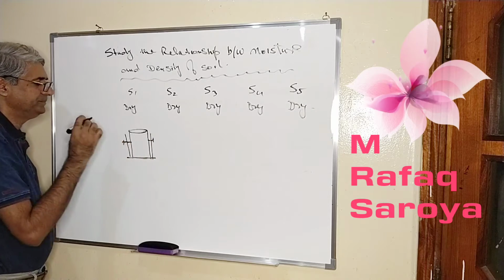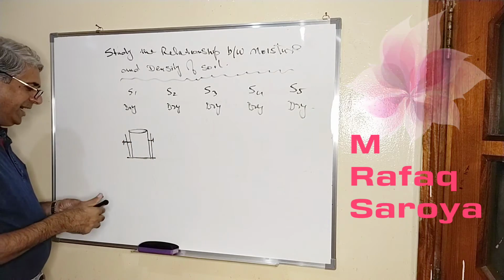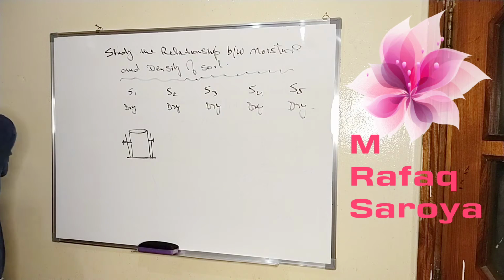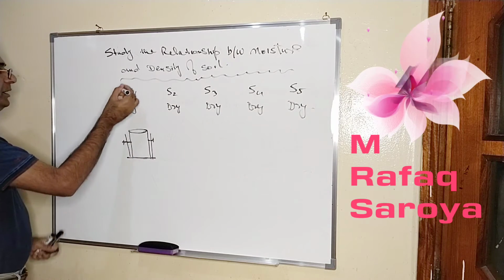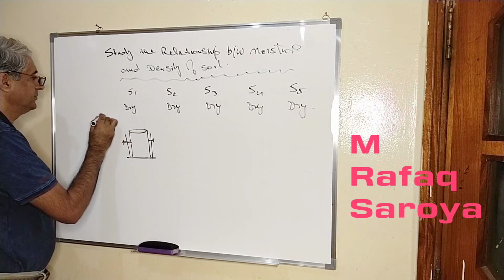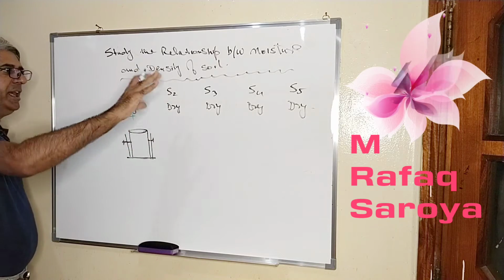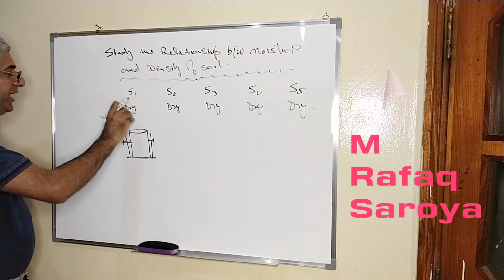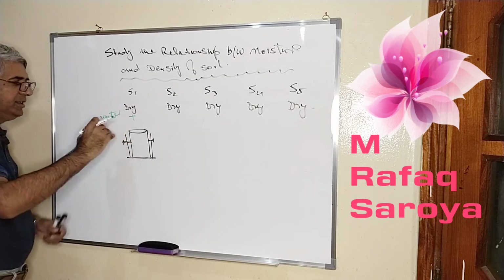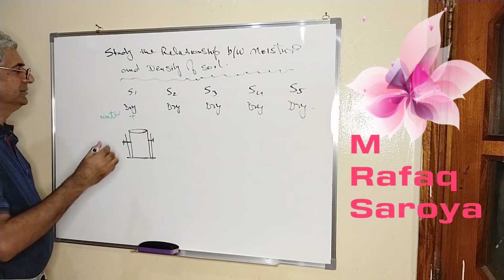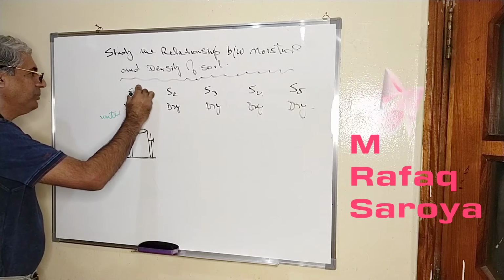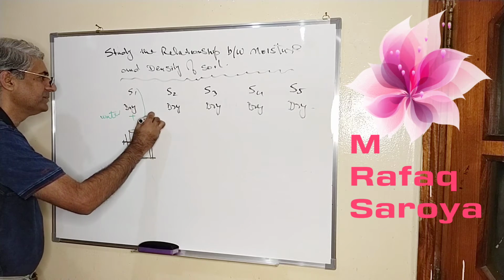Like this one. Now, as I have placed the mold over here, in the first sample of the soil, let me write plus water, meaning I have added the water. When I have added the water, the soil is mixed very well.